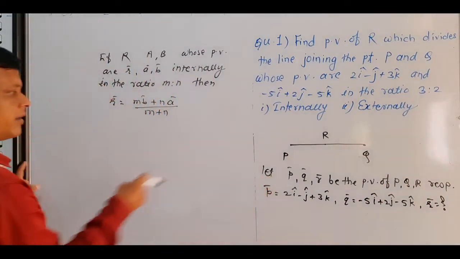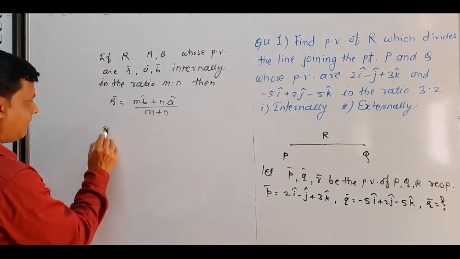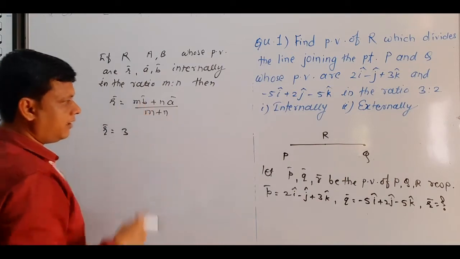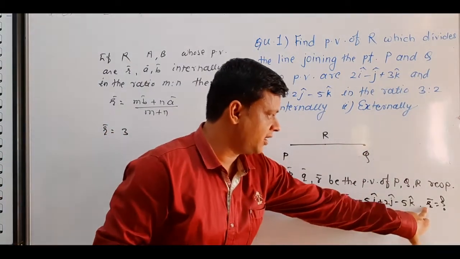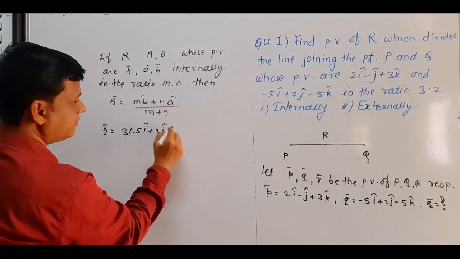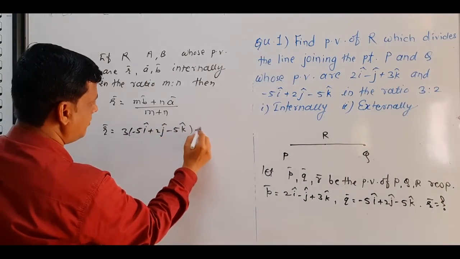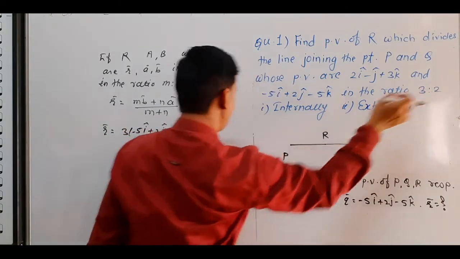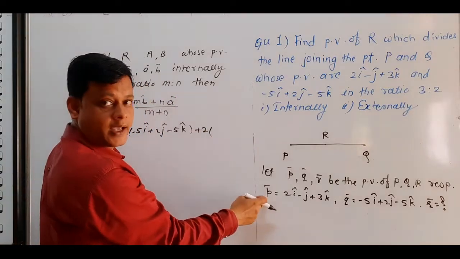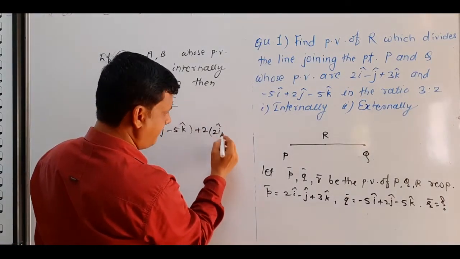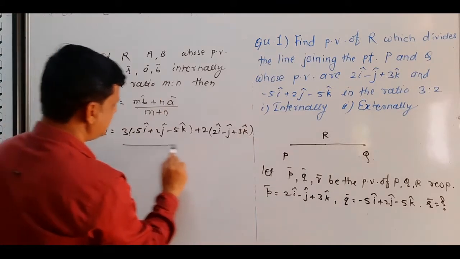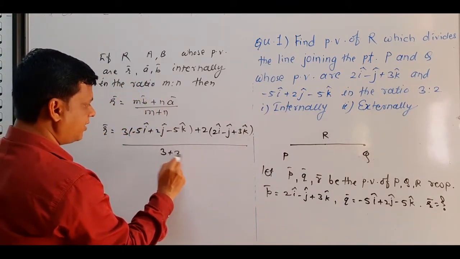So for the given problem, R bar equals, in place of m we write 3, in place of B we have point Q, whose position vector is minus 5i plus 2j minus 5k, plus in place of n the value is 2, into, in place of A bar we substitute P bar, 2i minus j plus 3k, upon m plus n, so 3 plus 2.